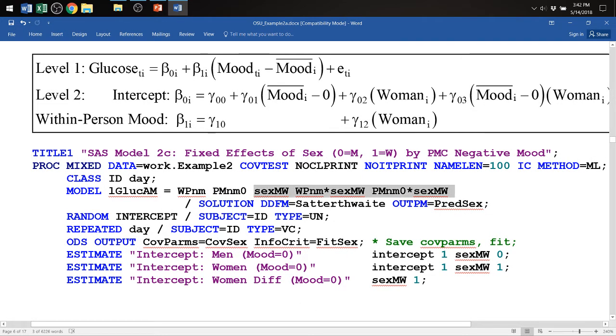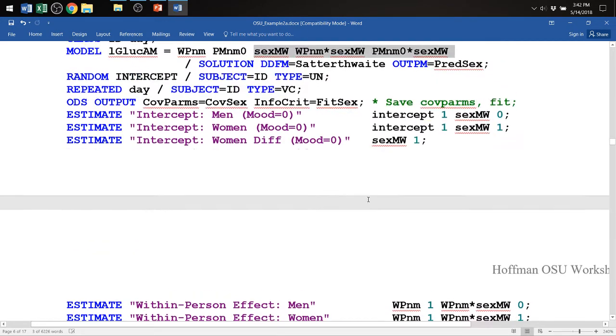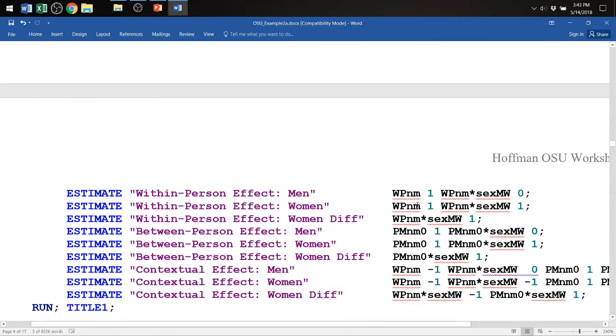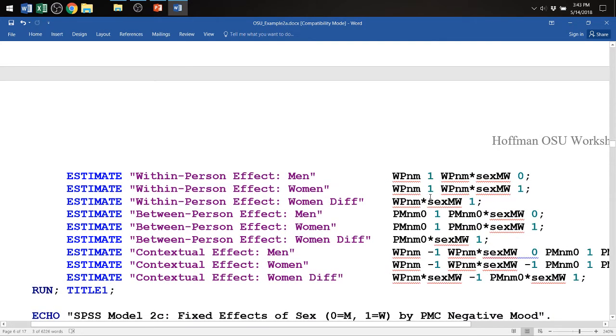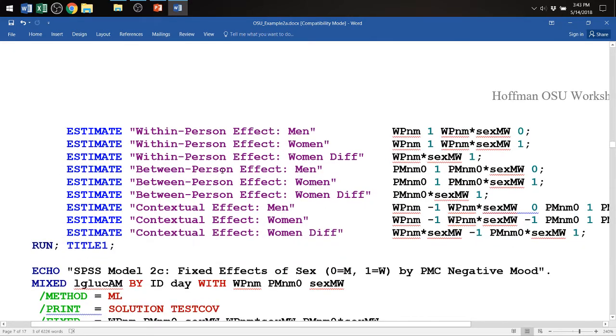Here's my 3 new terms. And here's an example of how I get all of the effects for men, for women, and their differences. Intercept, within person effect, and between. We'll talk about the last one a little bit later.